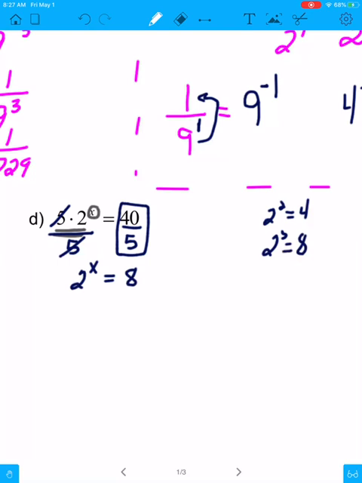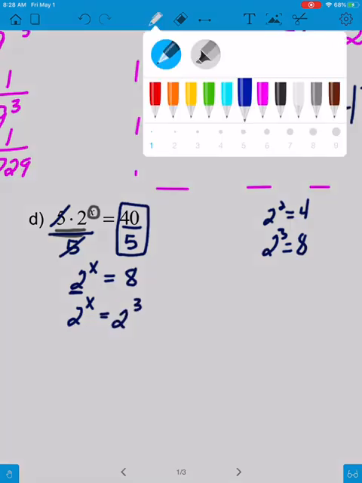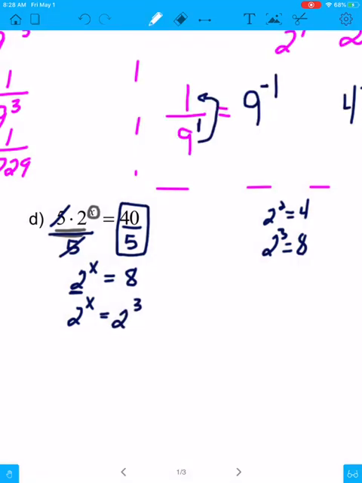And remember, I know that's a 3 even though it does not look like one. I know that it has to be base 2 because the moment one of them is base 2, the other one, if it's going to become base, has to be base 2 because I can't turn 2 into anything else. So I get 2 to the x equals 2 to the 3, and now my bases are the same. So now I can say x must equal 3.